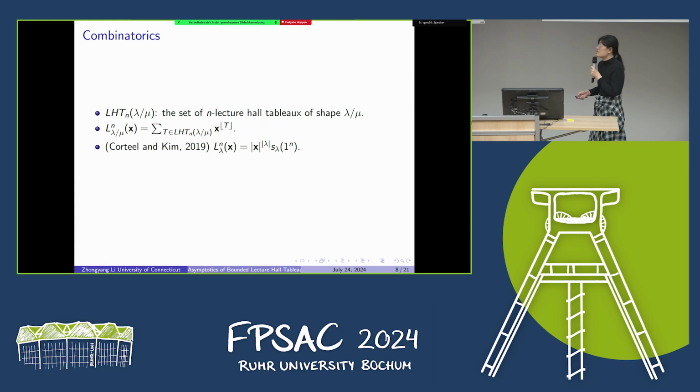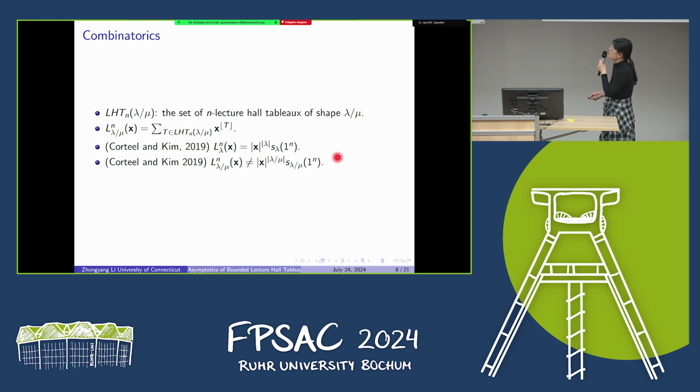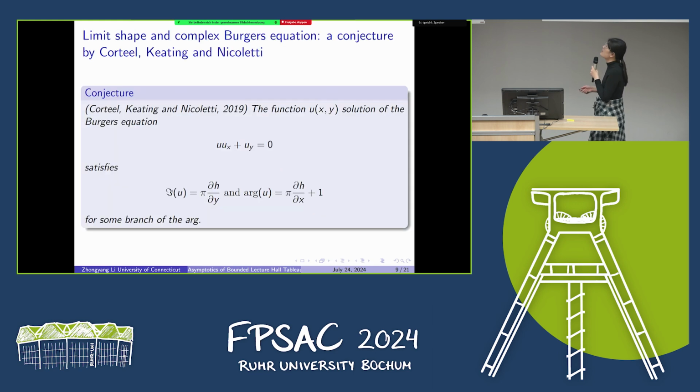So this partition function indeed has a very nice form. However, if originally we have a filling of a skew shape, this is no longer true. So this is not equal to the skew Schur function multiplied by some weight. Because of this nice formula, we can somehow analyze the asymptotics of the lecture hall tableau by analyzing the Schur polynomials.